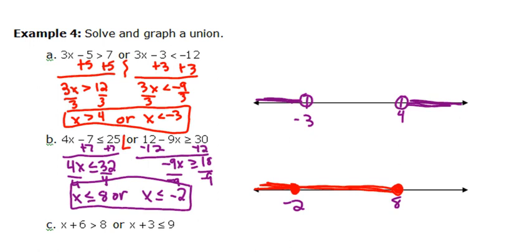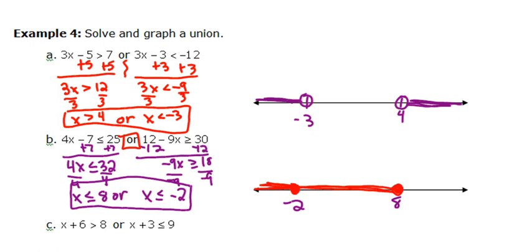An OR inequality needs to fit one or both of your inequalities. If you notice, starting at 8, this covers one of my inequalities. Then at negative 2, it starts covering both of them.